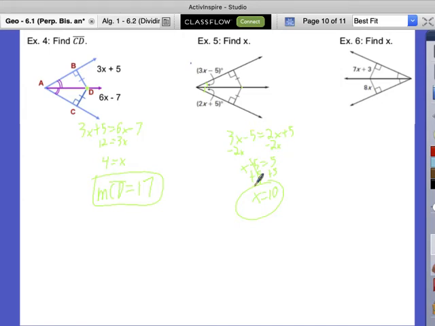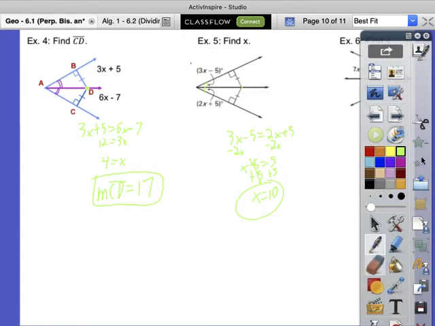Hey guys, I have a note to give you on number 6 here. On number 6, we need to know that segment PM is the perpendicular bisector of segment LM. Okay, one second, guys.